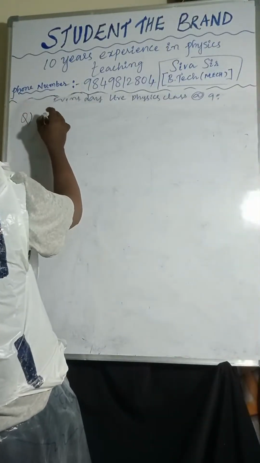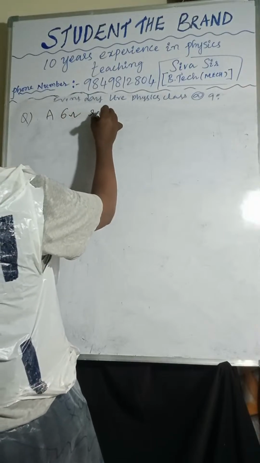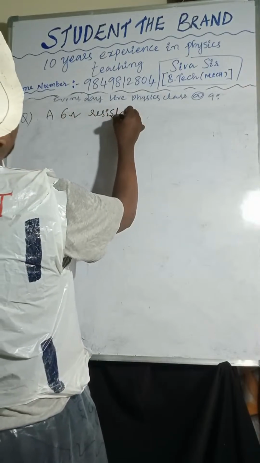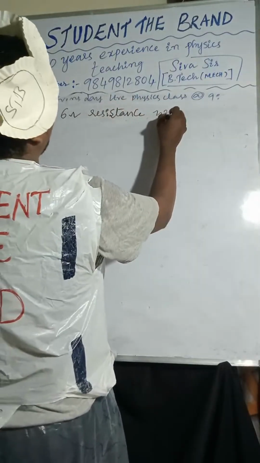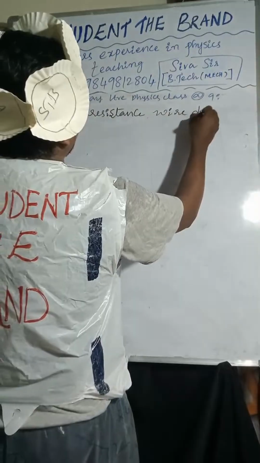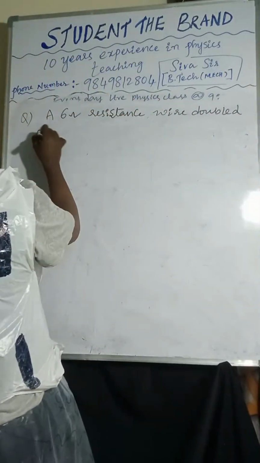So a 6 ohm resistor. This is a very, very important question. A 6 ohm resistance wire is doubled on itself.